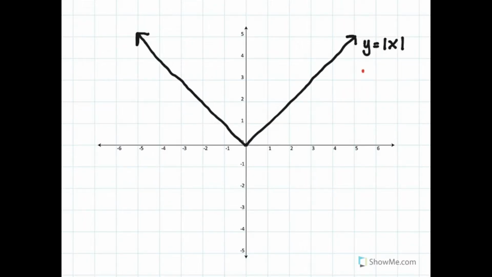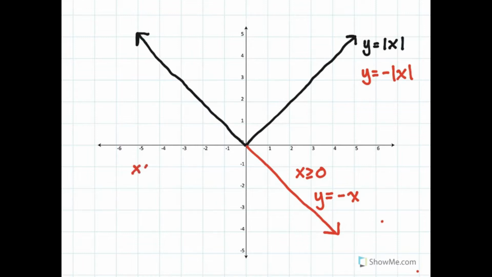How about if my multiplier is a negative? For example, let's graph y equals negative the absolute value of x. So for x greater than or equal to 0, the graph is y equals negative x. And when x is less than 0, the absolute value of x is equal to the opposite of x.